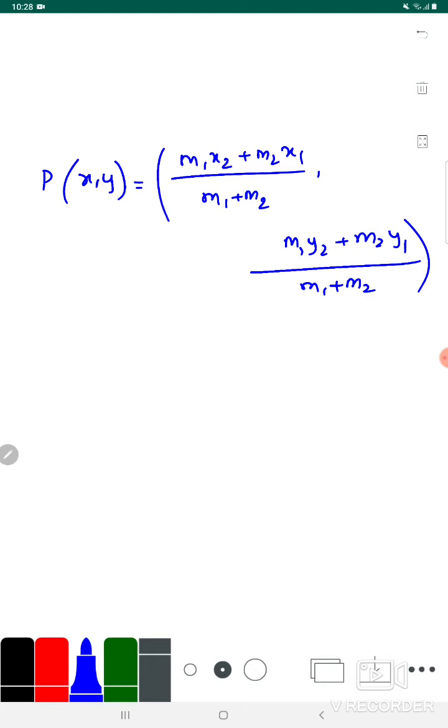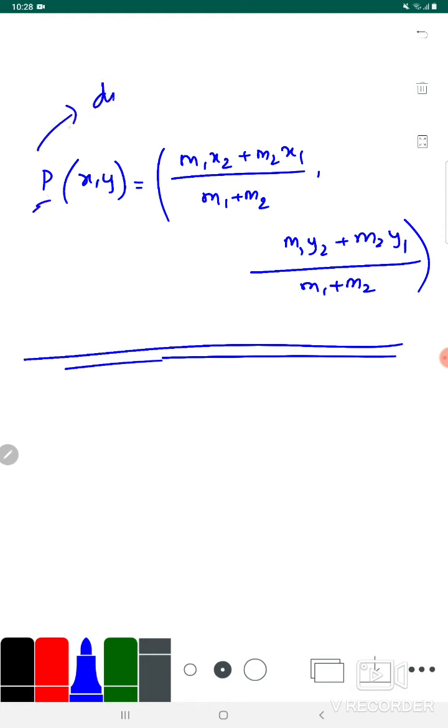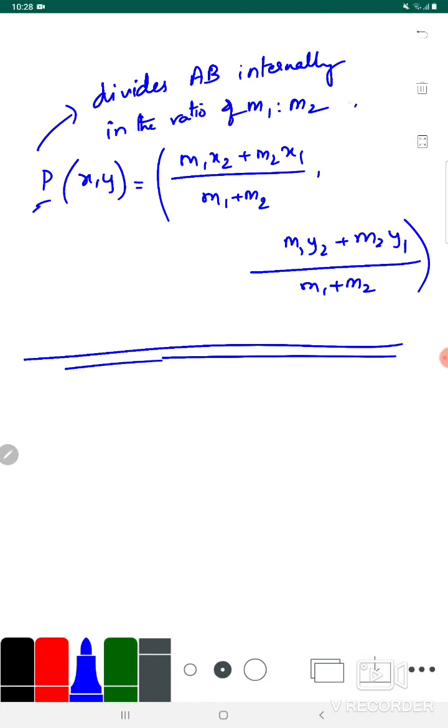So this is the derivation of finding the section formula where P divides AB internally in the ratio of m1 is to m2, right? So these two are the derivations. So with the help of these two formulas, you will be able to solve any given problem in coordinate geometry.